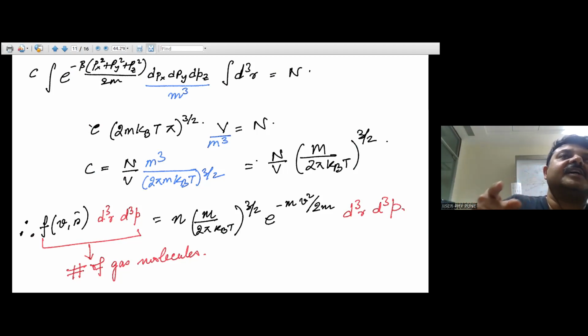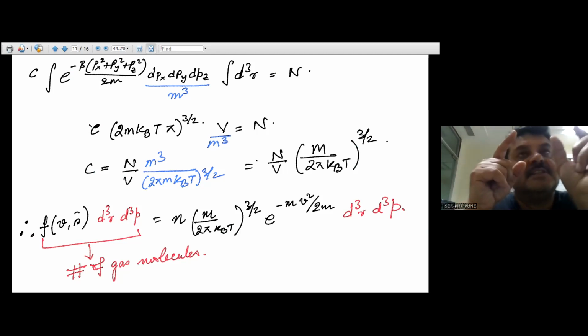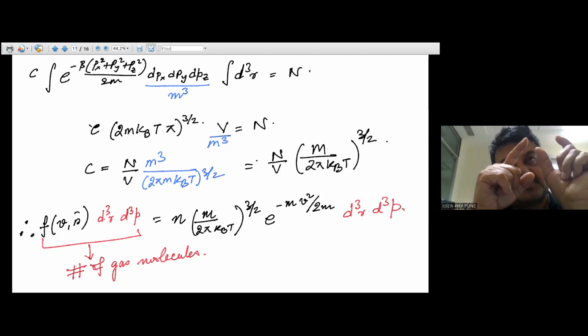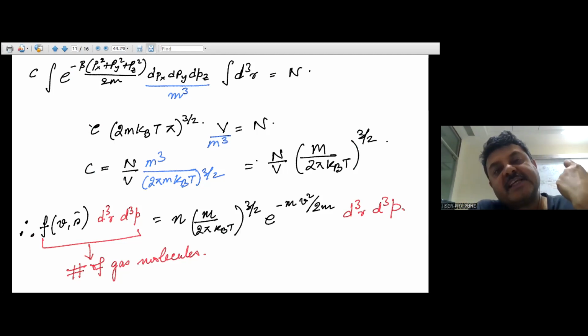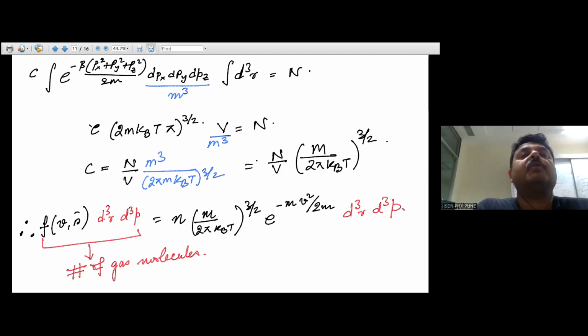So within d3r, if you integrate over all the allowed values of velocity, you would get the total number of particles within d3r moving with any velocity. And if you integrate over the entire volume, all the different values of d3r that are possible, you will get the total number of particles.